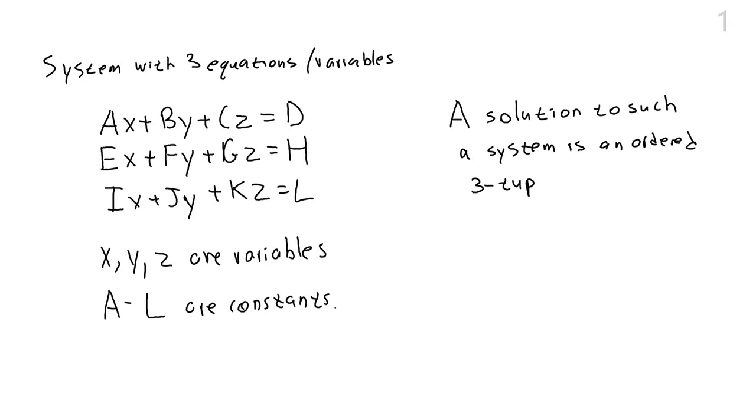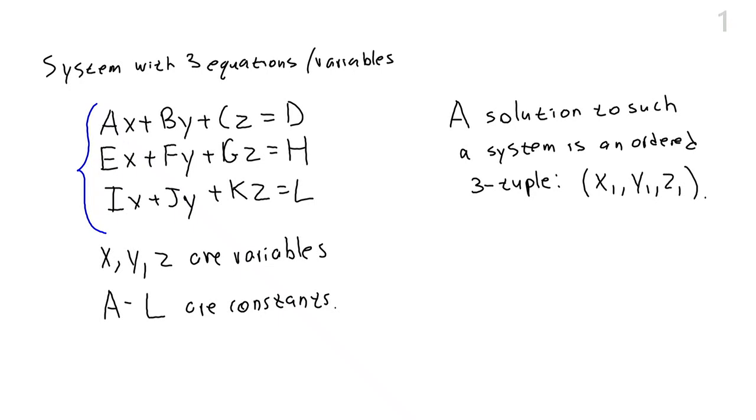So instead of an ordered pair, we have an ordered 3-tuple, x1, y1, z1. And in order for this 3-tuple to be a solution to our system of 3 equations, it must satisfy all the equations. So if you plug in the same value for the variables x, y, and z, it's going to work for all 3 of these equations.